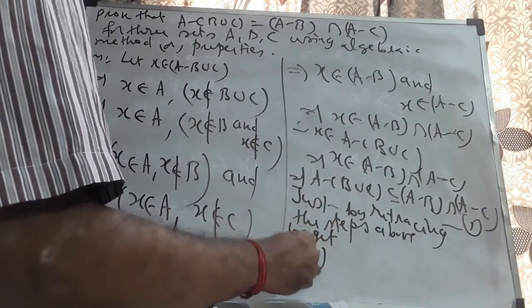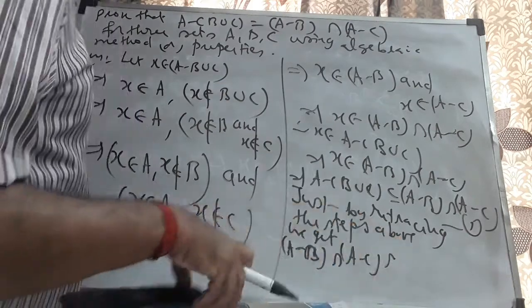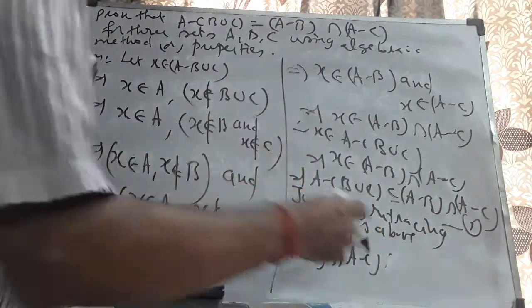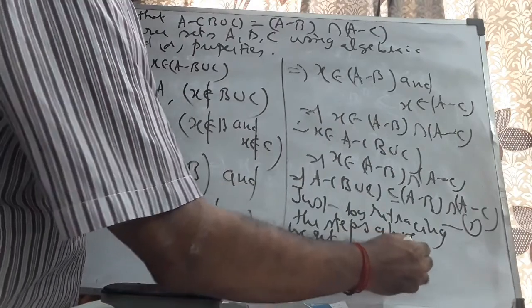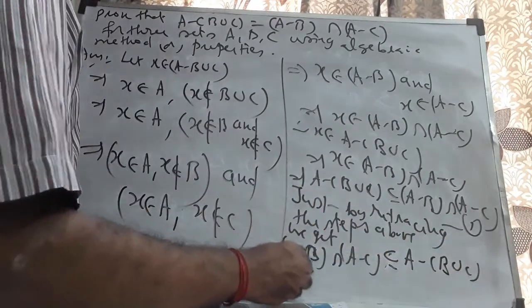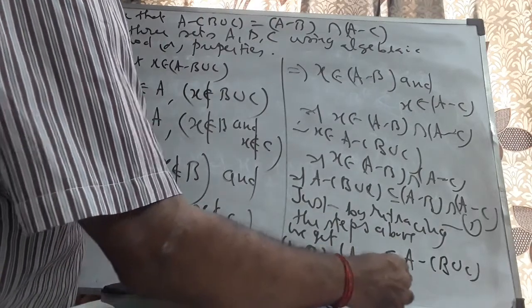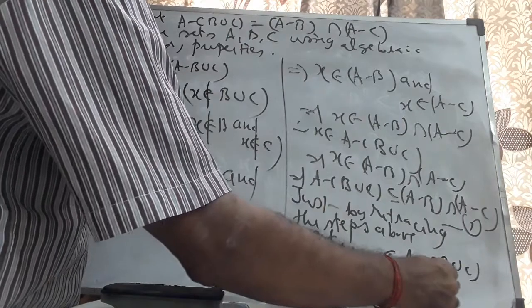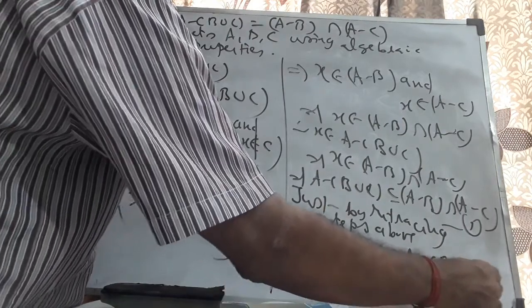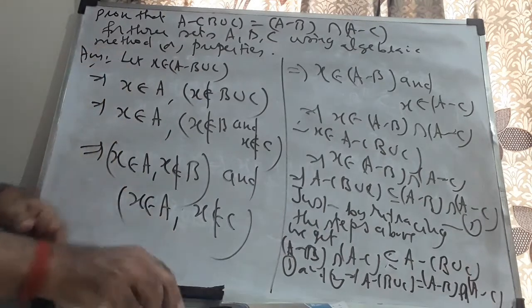RHS, A minus B intersection A minus C, is a subset of A minus B union C. Therefore, 1 and 2 will imply the result A minus B union C is equal to A minus B intersection A minus C. Let me just explain once again.